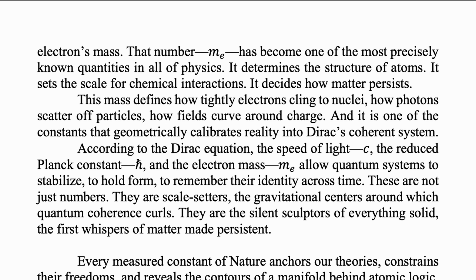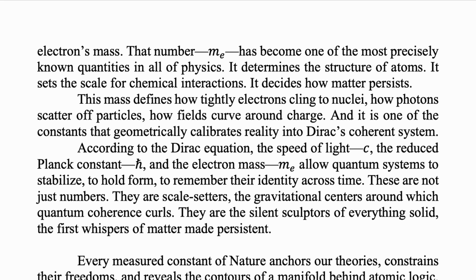This mass defines how tightly electrons cling to nuclei, how photons scatter off particles, how fields curve around charge, and it is one of the constants that geometrically calibrates reality into Dirac's coherent system.